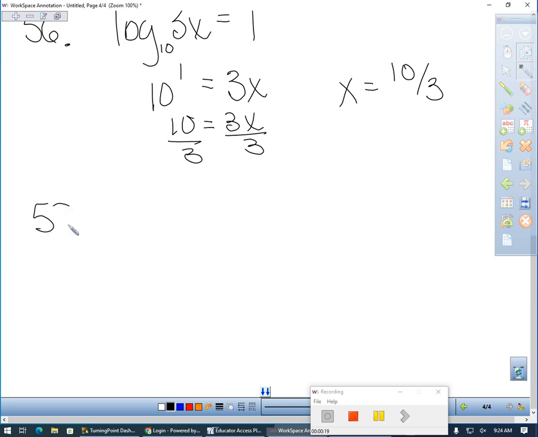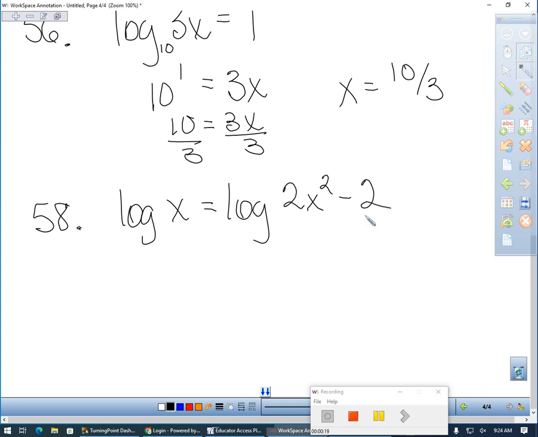Number 58. For number 58, I have log x equals log 2x squared minus 2. So I'm going to start by moving my log over to the other side. So I'm going to subtract my log 2x squared to the other side.